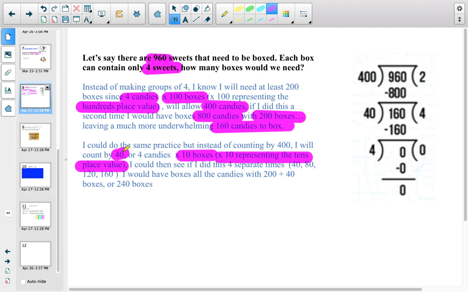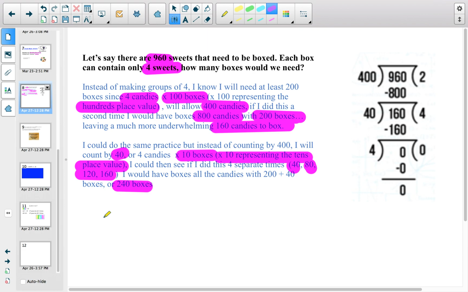For every 10 boxes I do, I'll count by 40. So if I do that 4 times, I'll go 40, 80, 120, and 160. Together, then, I can see I boxed up the 160, so I'll do the 200 boxes I did up here, and then the 40 boxes I did right here, and I would have 240 boxes.